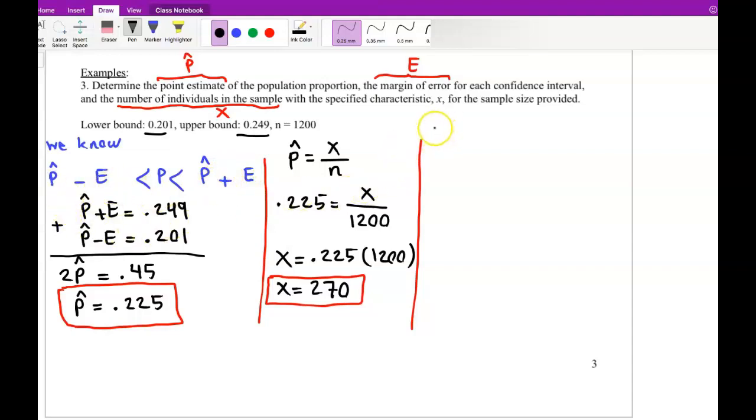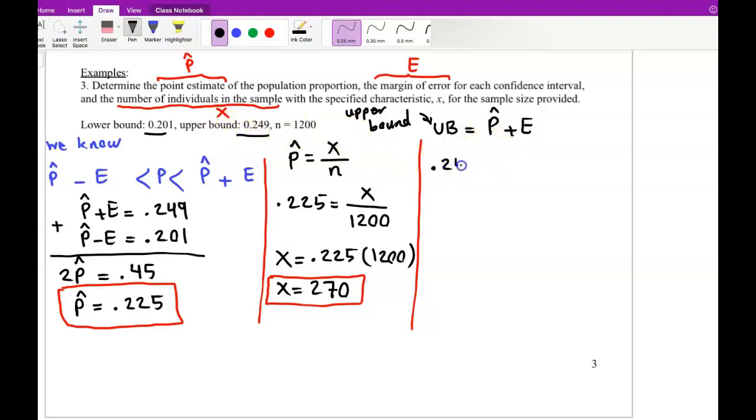So I'm using the upper bound, which is equal to p hat plus error. For p hat plus error, or upper bound, we have 0.249.